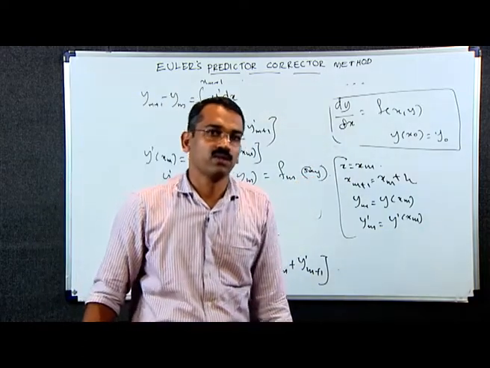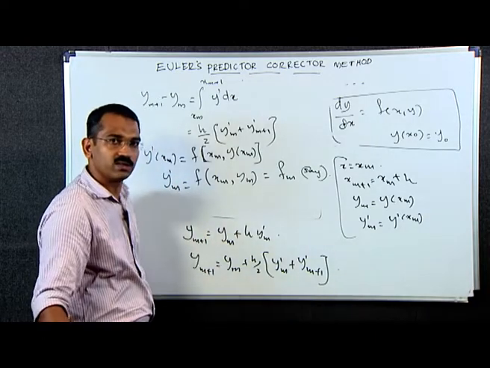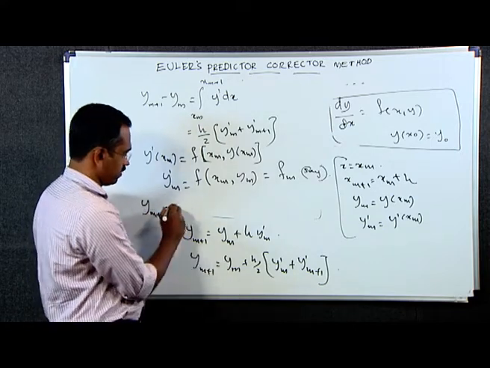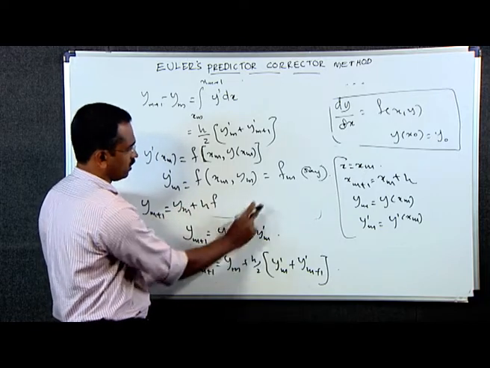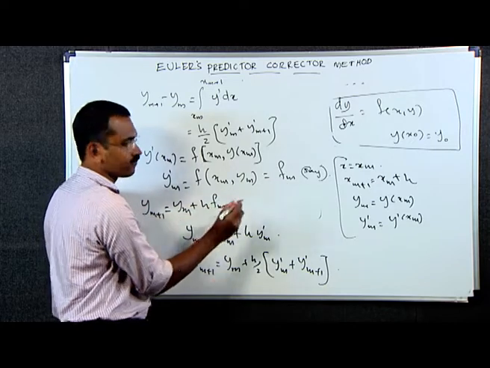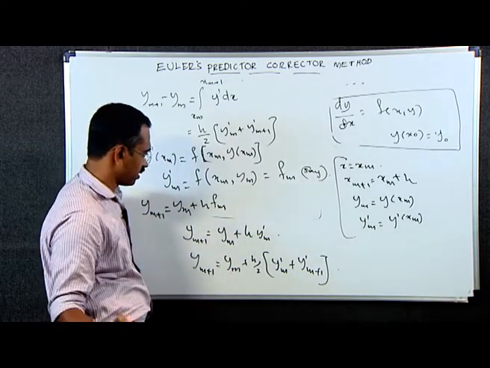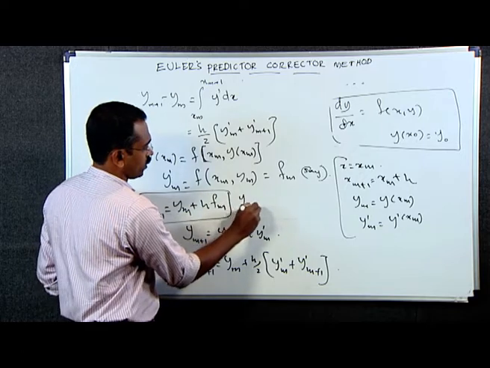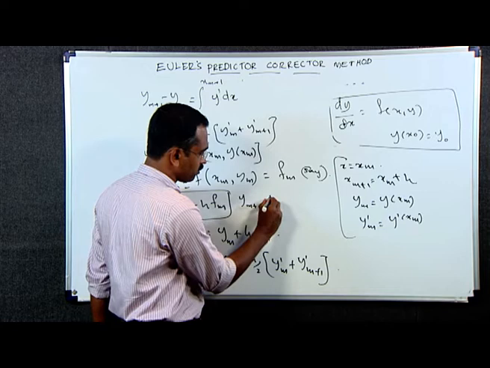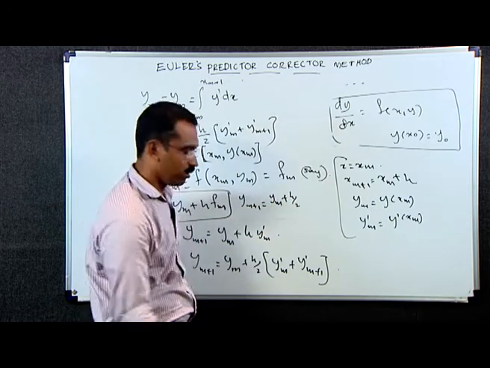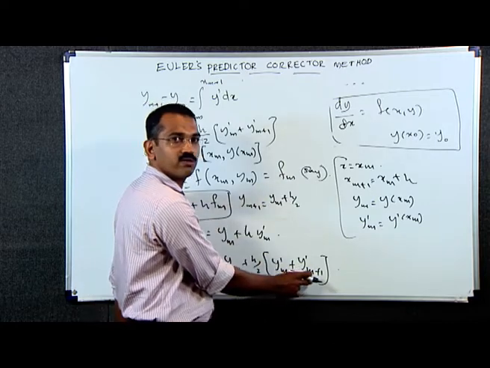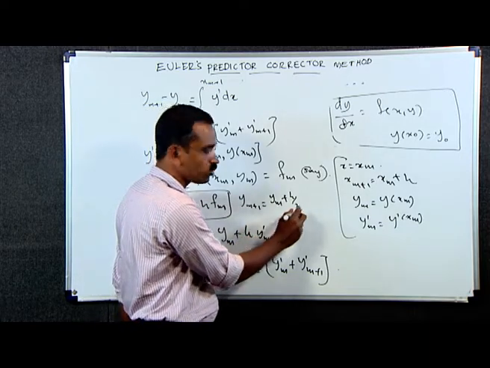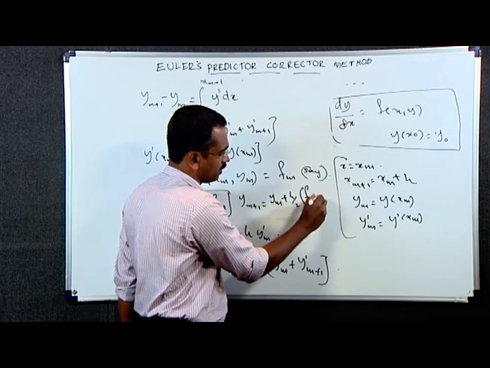Using this notation, we can write these two expressions as ym plus 1 is equal to ym plus h into fm, and ym plus 1 is equal to ym plus h by 2 into fm plus fm plus 1, where y dash m plus 1 is written as fm plus 1.